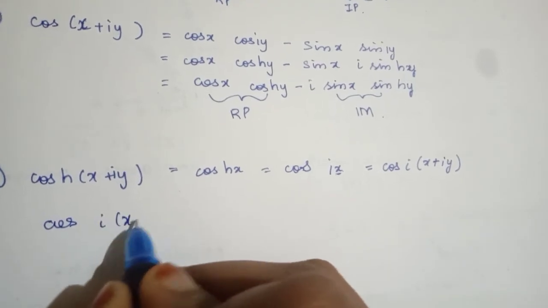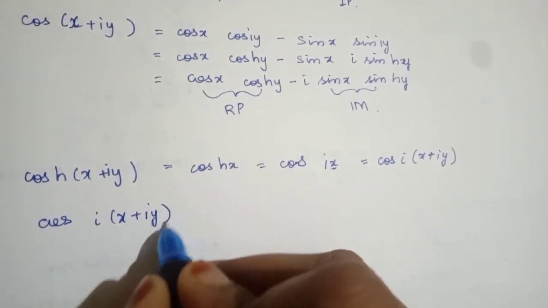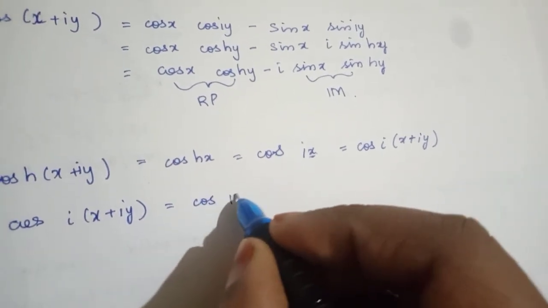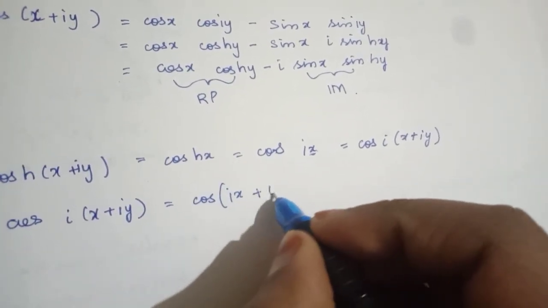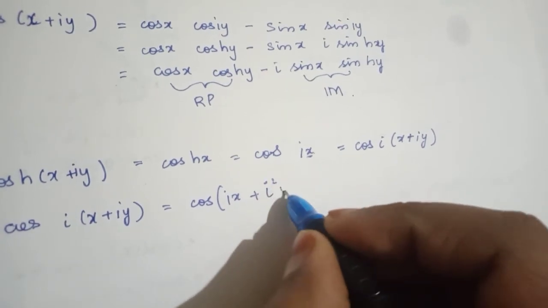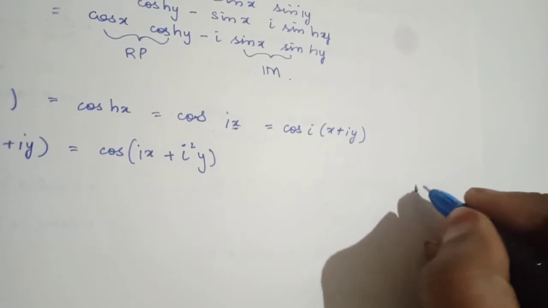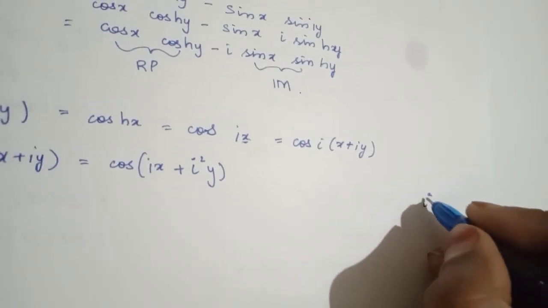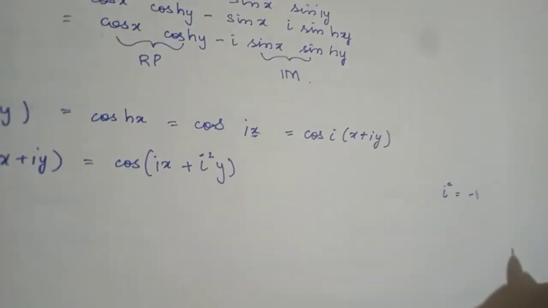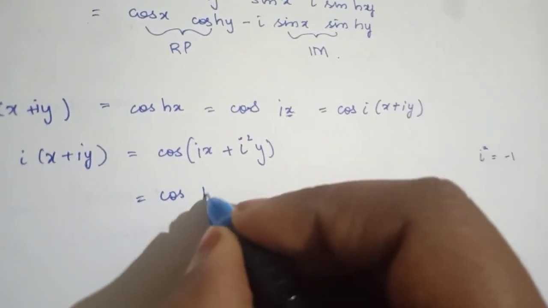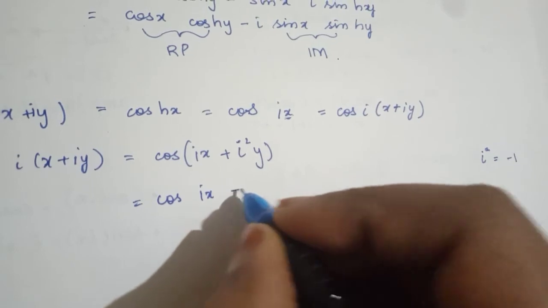Multiply i inside, so that will be cos of ix plus i square into y. I square is nothing but minus 1. So we write cos of ix minus y.